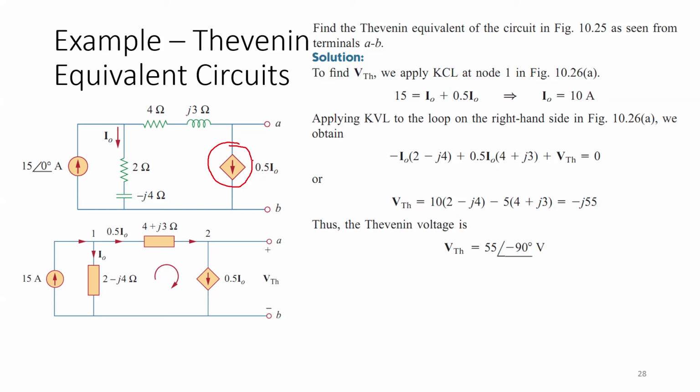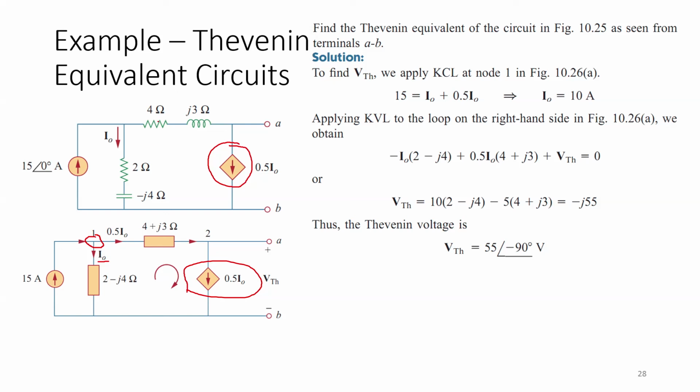So how do we do it? We just get the currents at this node 1 so that we get this I0, and from this I0 we can calculate this current source as well. Firstly, at this node 15 ampere current is entering, whereas 0.5 I0 current is leaving here and I0 current is going here. Why are we calling it 0.5 I0?